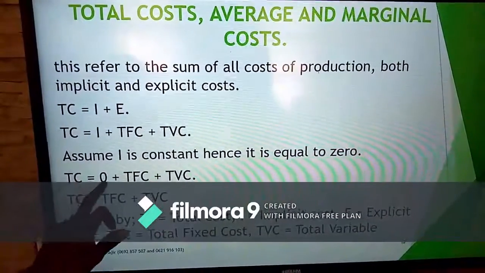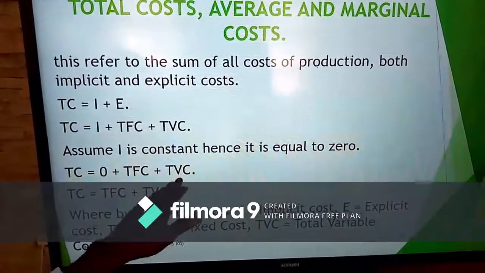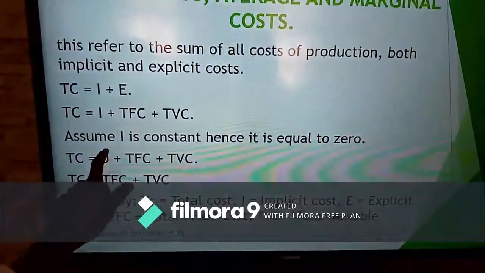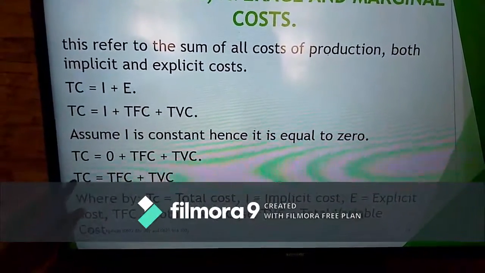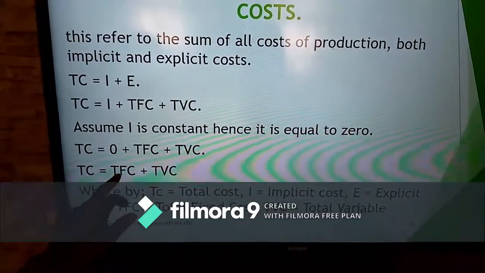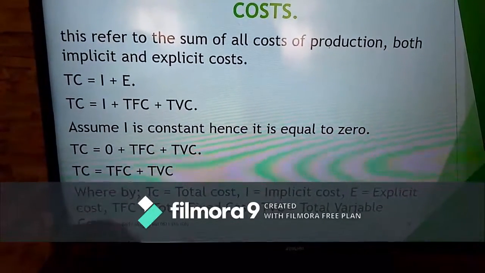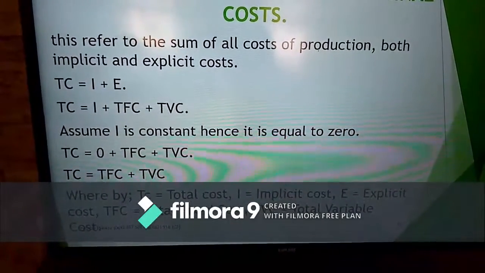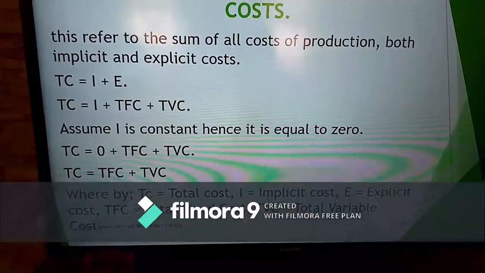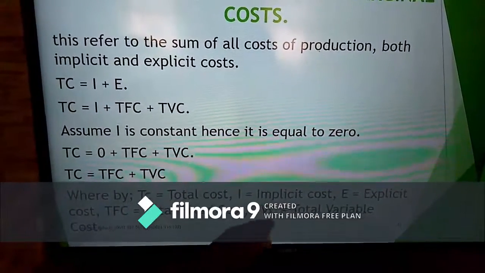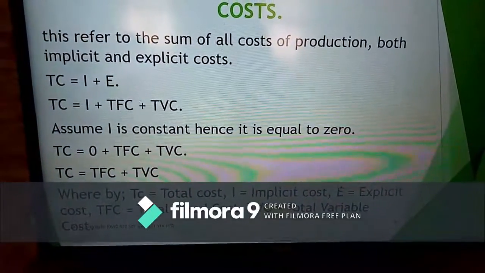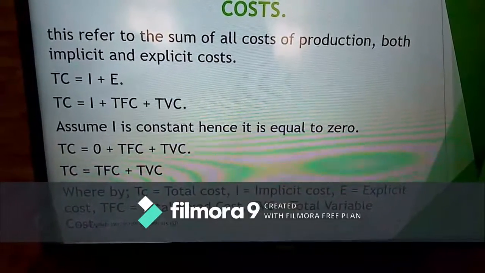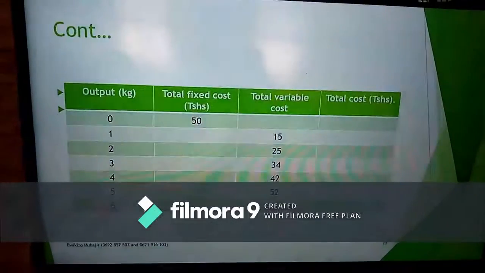So total cost equals 0 plus total fixed cost plus total variable cost, so this 0 won't function at all. Our total cost will be equal to total fixed cost plus total variable cost. This is the explanation of the abbreviations: TC means total cost, I is implicit cost, E is explicit cost, TFC equals total fixed cost, TVC equals total variable cost.